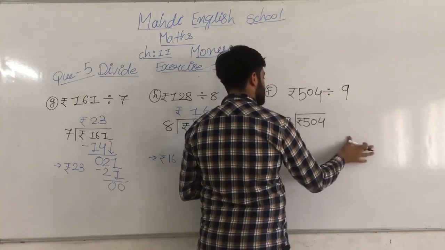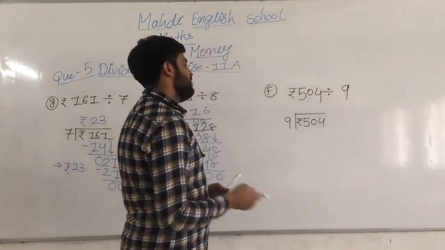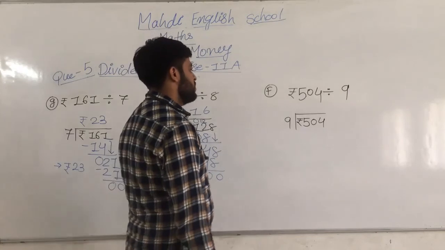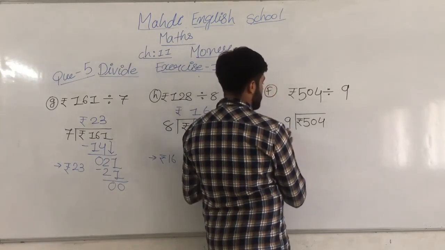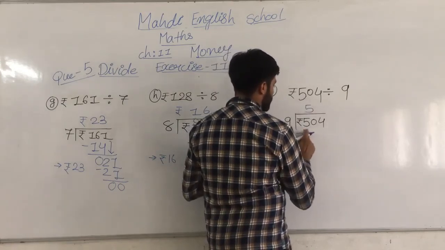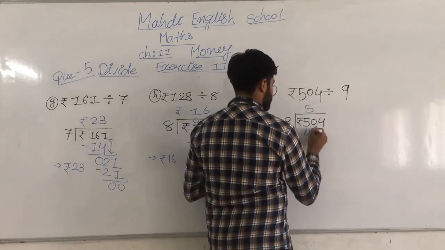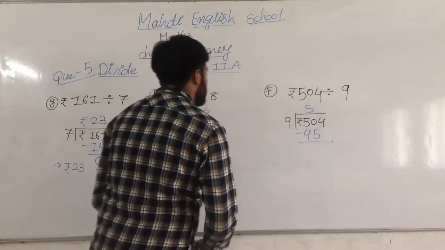Understood all? So in table number 9, 5 will come or not? So 9 5s are how many, my dear students? 45. Sorry, 54 is wrong. 9 5s are 45.